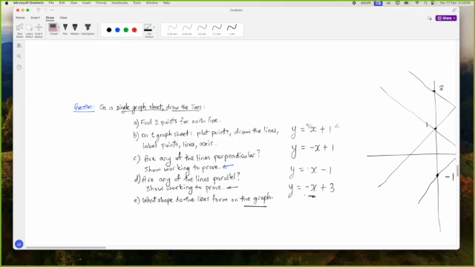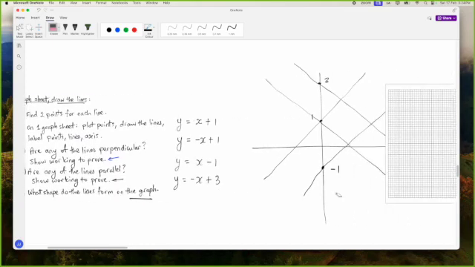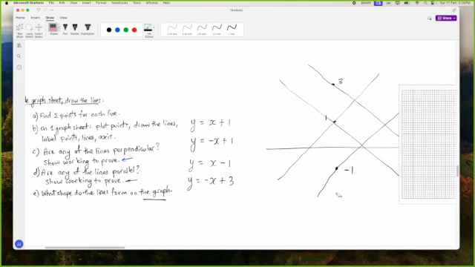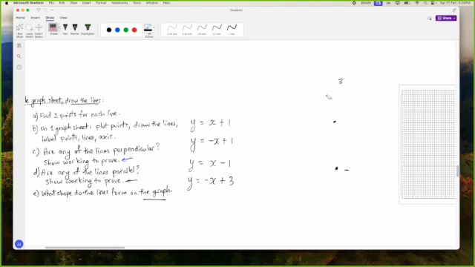The line y is equal to x plus 1, minus x plus 1. You have x minus 1 and you had minus x plus 3. I'm not even going to read the question yet, right? I know I could just look at the equations because we learned how to do this.